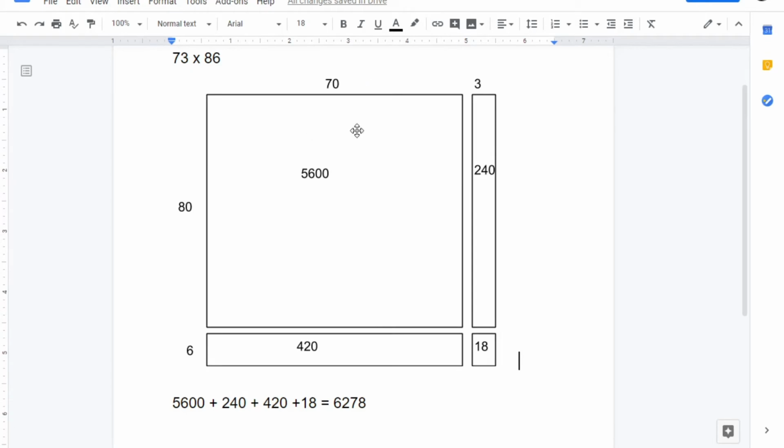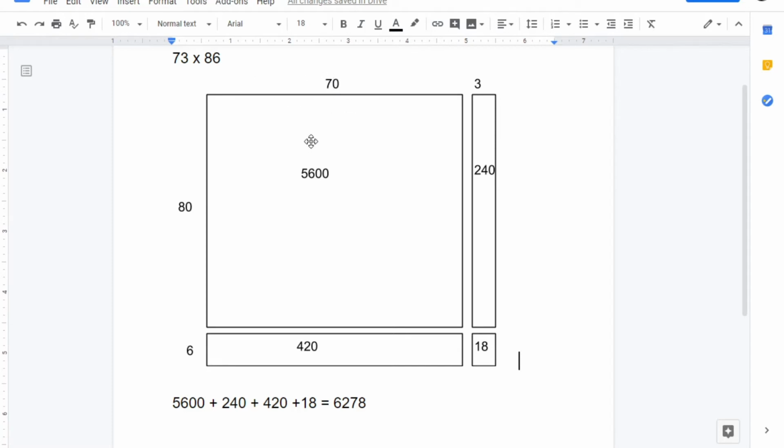So this model that we can use, this representation of multiplication, is one of the representations that really lends itself to understanding algebra. And what's really great about this is that you can break up these numbers in any way that you like.